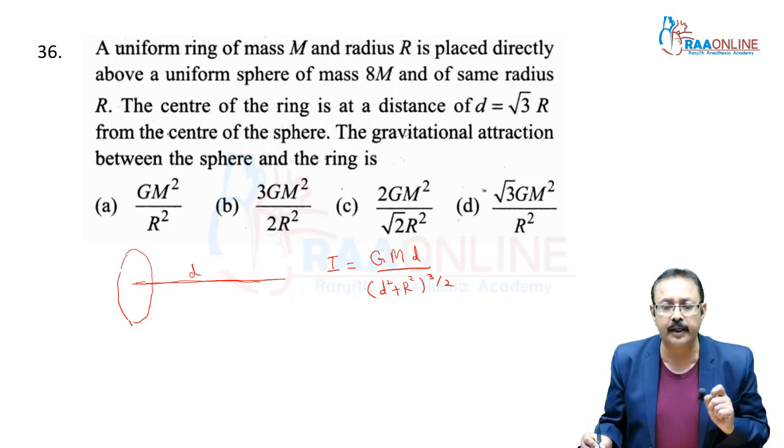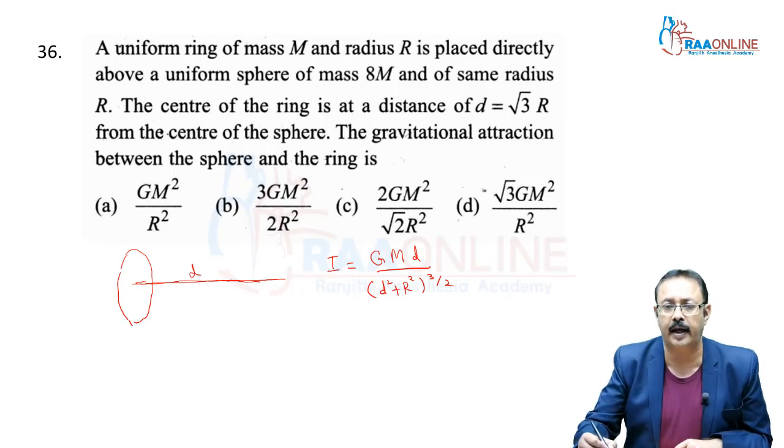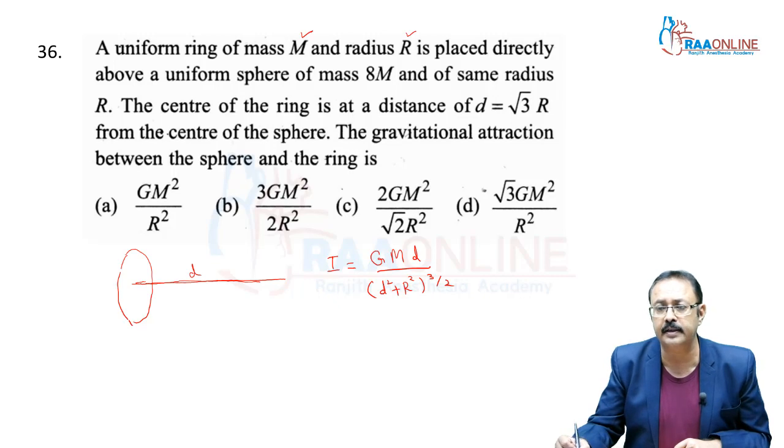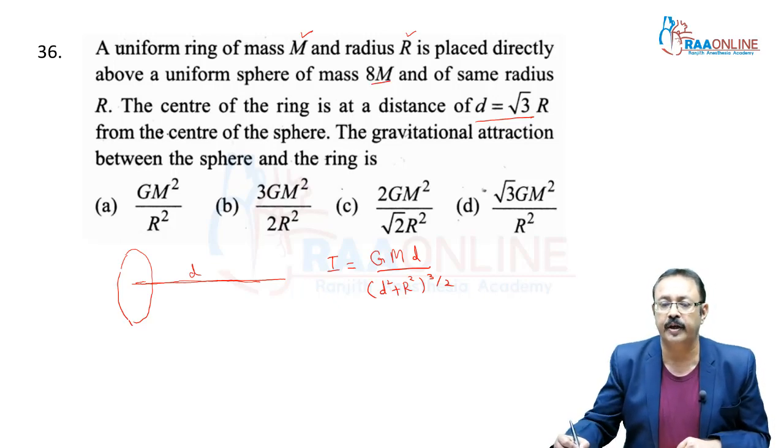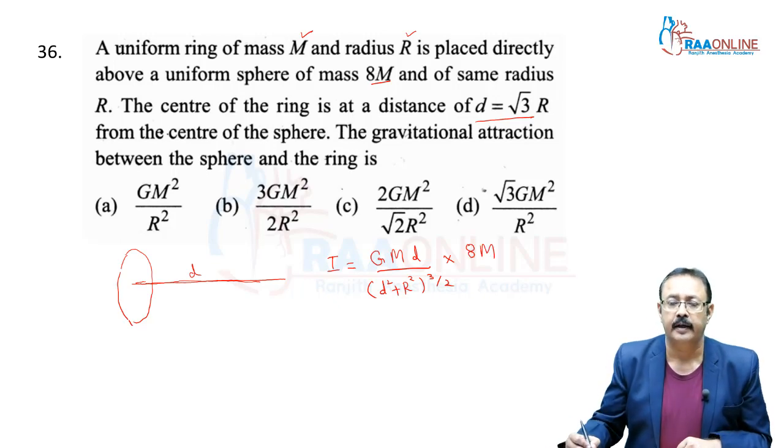Intensity means force experienced by unit mass. So if the mass of the ring is m and its radius is r, from this distance it will produce this field, but we are putting 8m at this point, so it will experience a force of this. In this case d is equal to root 3r. So d square means 3r square, so it will become 4r square.